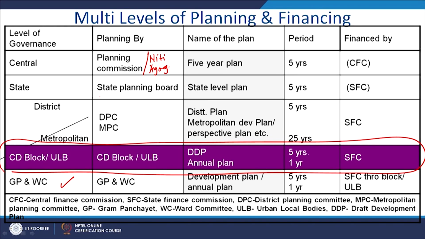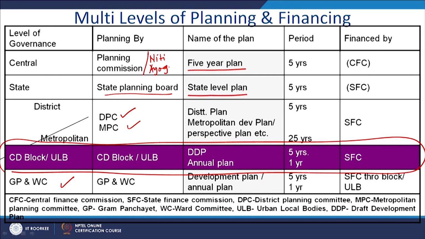At the state level, it is done by the state planning board. At the district level, as I have told earlier, it is done by the district planning committee, and at the metropolitan level it is the metropolitan planning committee, and at the central level it is called the 5-year plan.